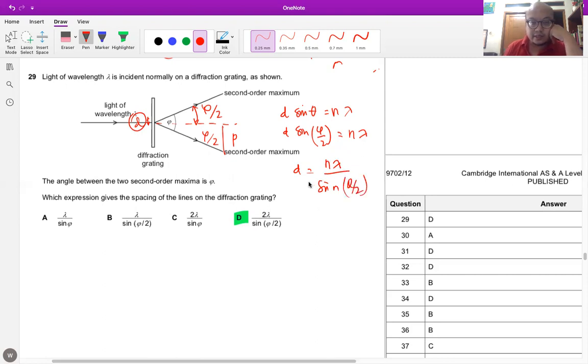So why n equals 2? Oh, I know. Because when one wave is equal to 1 and this is equal to 1 also, and joined together, n equals 2. So D equals 2 lambda divided by sine C divided by 2. That's correct.